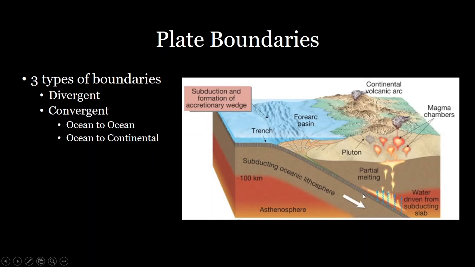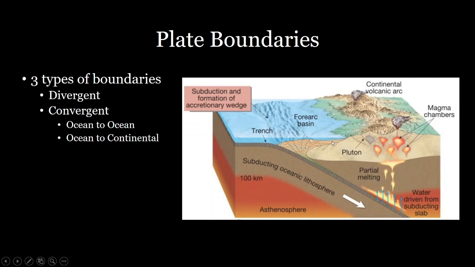And so it subducts below the continental plate. And you still have that water driving melting and plumes rising up. But instead of a volcanic island arc, you have a continental arc develop.